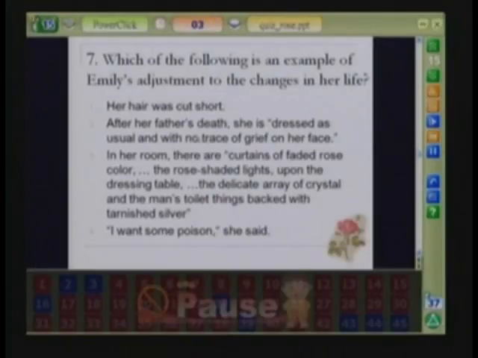Here, yes, this is the first response she had to her father's death. She was dressed as usual, and she showed no grief because she refused to accept the fact of death. And then her room is decorated as a bridal chamber, because she wants to retain a kind of past.